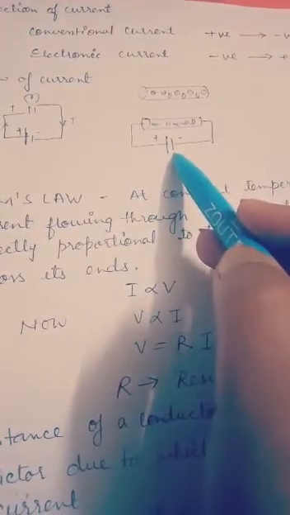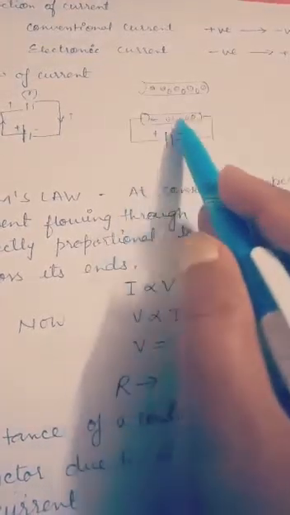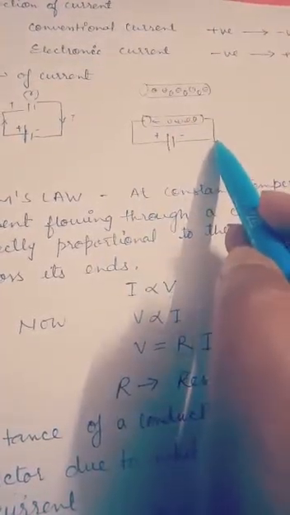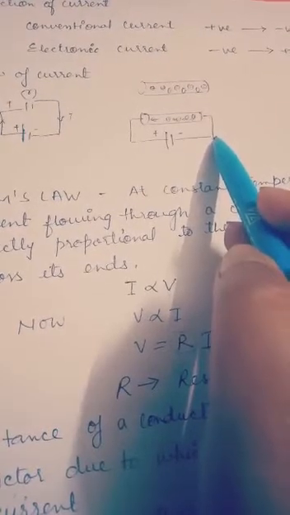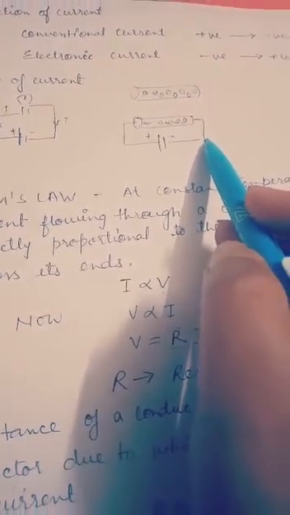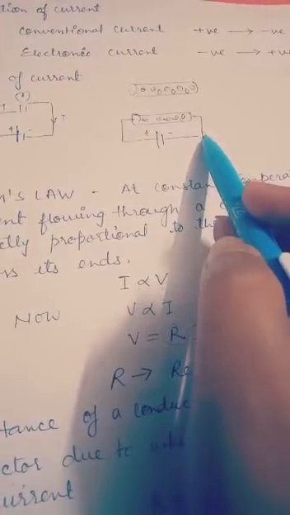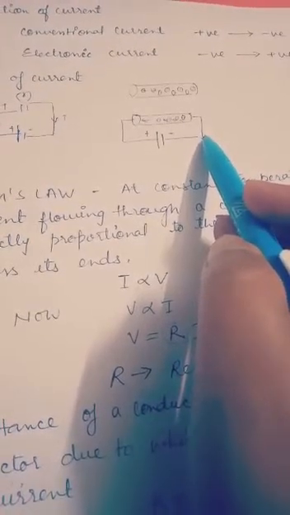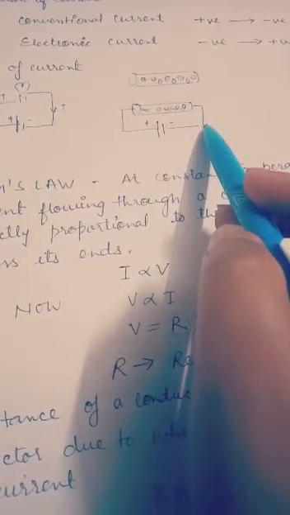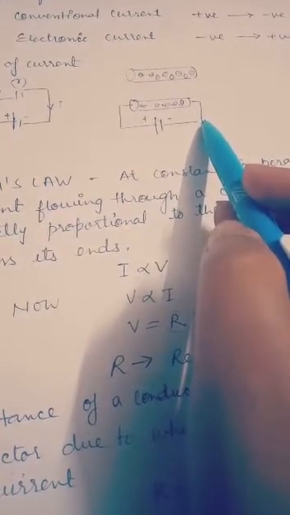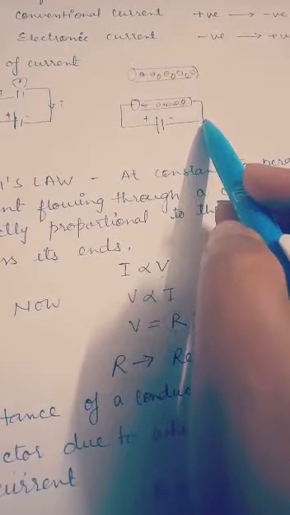But the direction of the current is taken opposite to the direction of the electrons, that is from the positive terminal to the negative terminal. Now we have the other form of direction also, that is electronic current. Some people were of the view that when the electrons are responsible for the flow of the current, why not the direction of electron be the direction of the current?